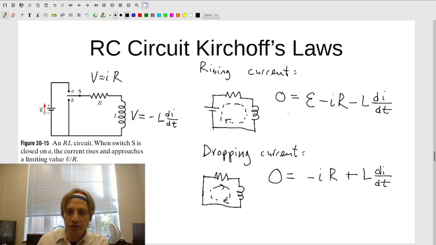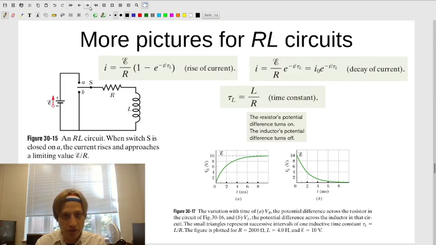Now, I want you to notice these are differential equations that I hesitate to say you could solve, but one could solve. In fact, I will give you the solutions to these differential equations. The solutions are that the current in the first case looks like this. It looks like something that starts low, and as you turn it on, it rises and rises and rises.